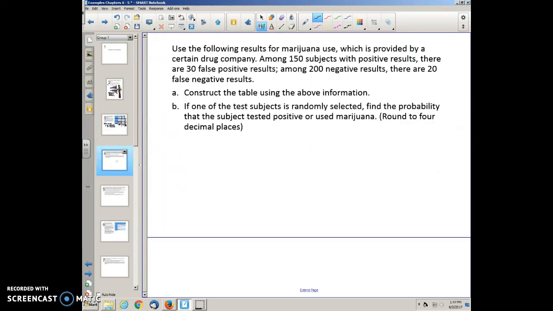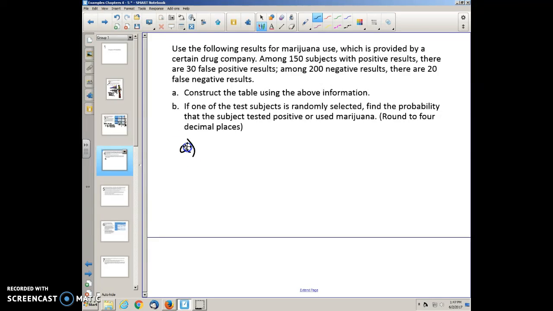All right. Use the following results for marijuana use, which is provided by a certain drug company. Among 150 subjects with positive results, there are 30 false positive results. Among 200 negative results, there are 20 false negative results. A, construct the table using the information, and then we'll get to B after that.